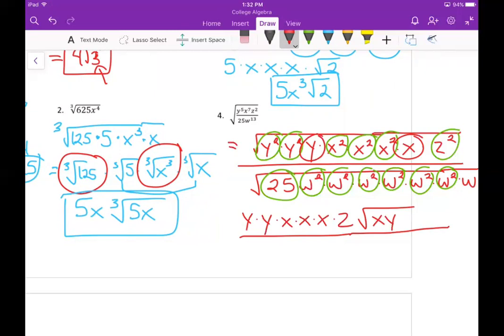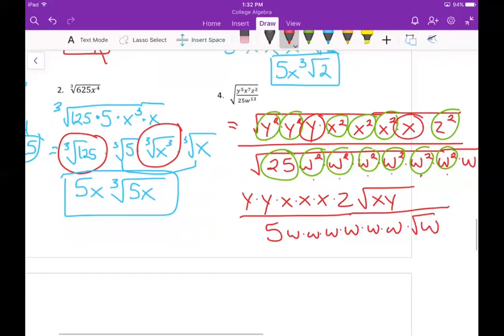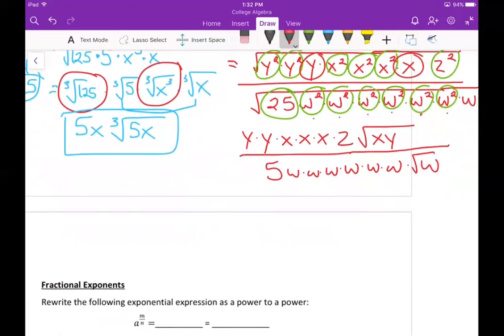All right, on the bottom, I have a 5 that comes out from the 25. I have 1, 2, 3, 4, 5, 6 w's multiplied together. And I have 1 w left on the inside of that root. So as I think about simplifying this all the way back down, here's what we want to give in the end.